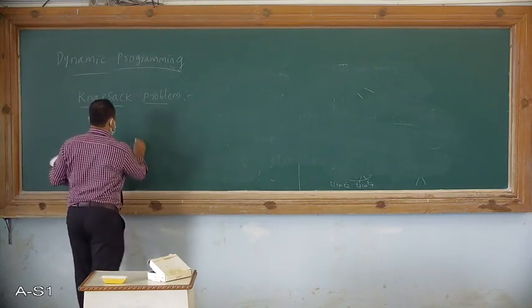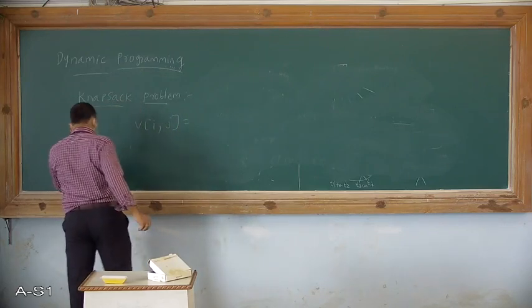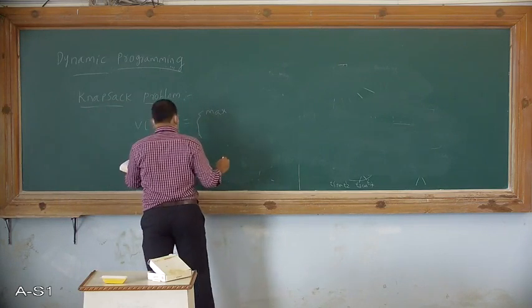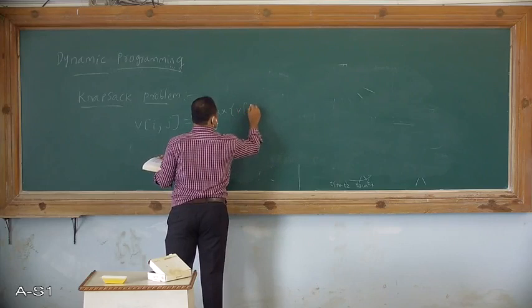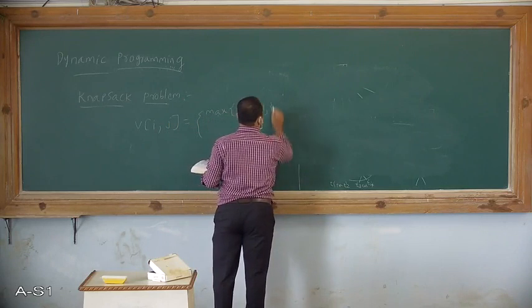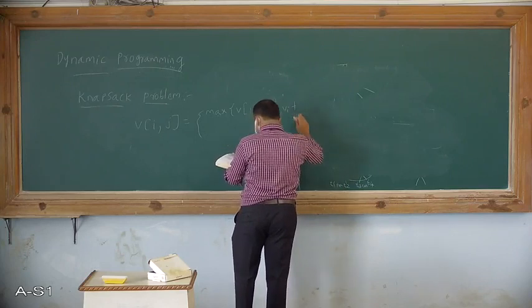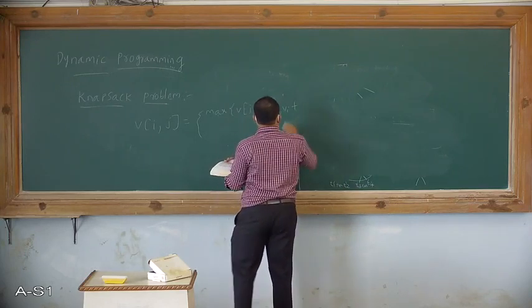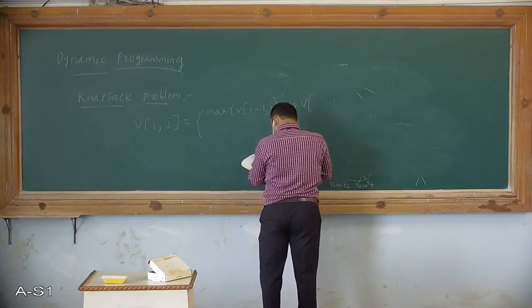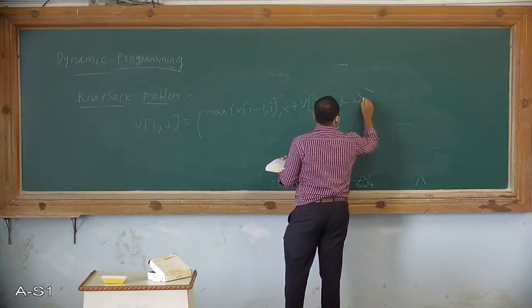So what are the problems? V of i comma j is equal to max of V of i minus 1 comma j, comma v of i plus V of i minus 1 comma j minus wi.